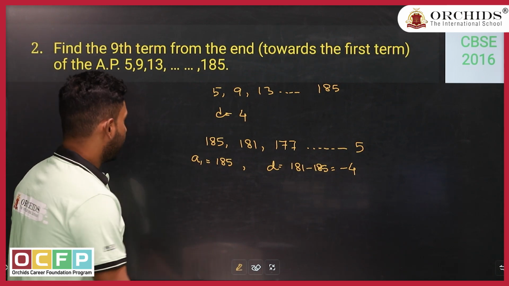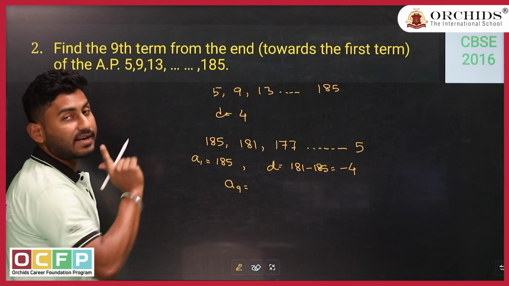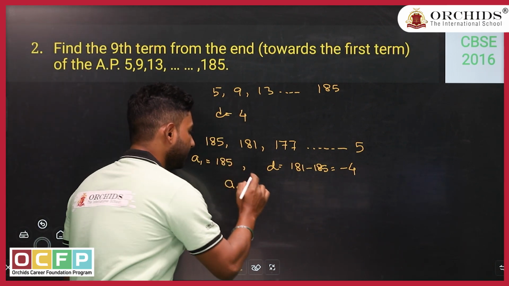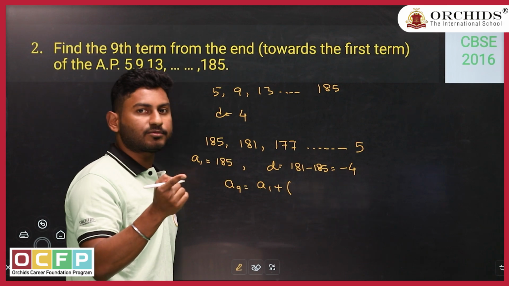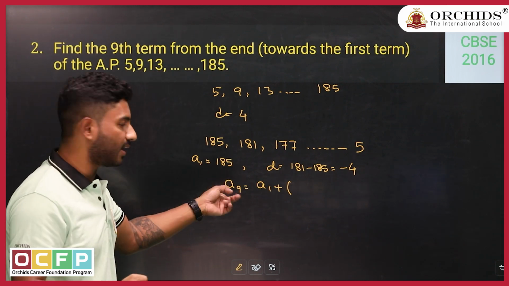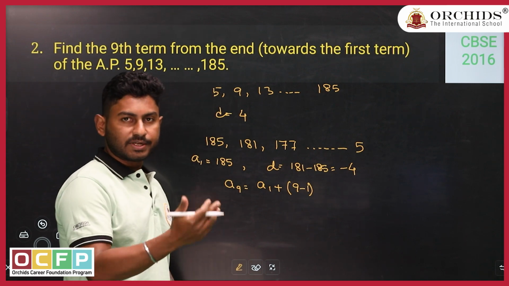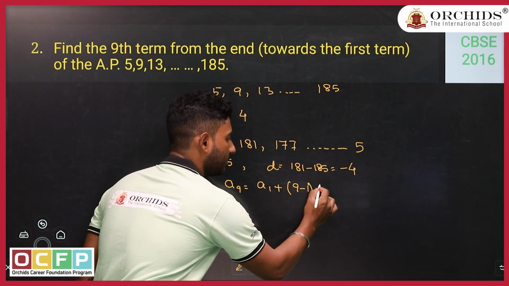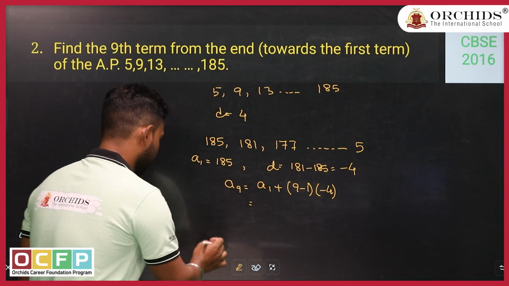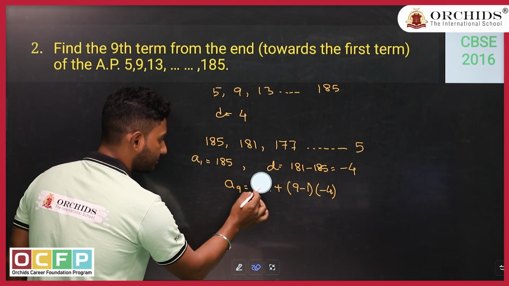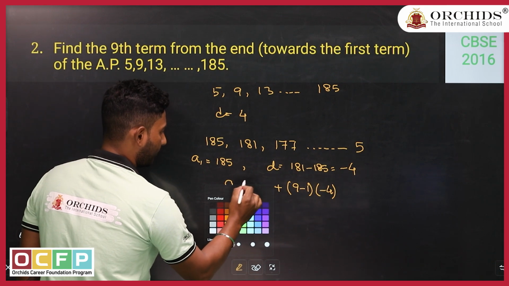So now I have to find A9 because they are asking for the 9th term. Remember the formula? A1 plus n minus 1. This time n is what? 9. So you have to put 9 minus 1. What is D? D as you have got, it's minus 4. Just you have to solve it. Okay. Now what is A? A is 185, right?